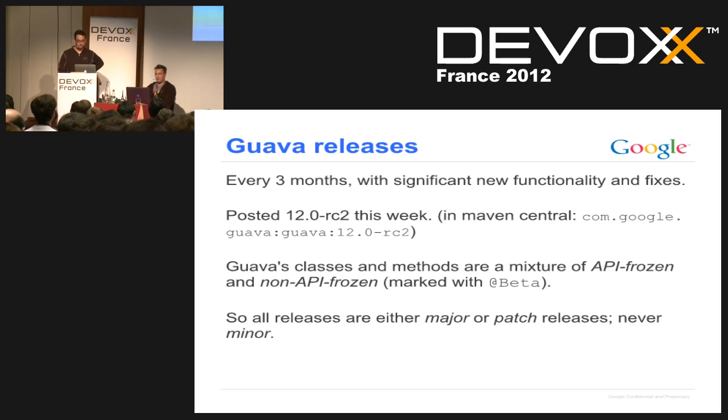But because of this, in every release that we make, every 3 months, we always have to keep bumping the major version number. That's why we're already at 12.0, even though we've only been doing this for about 3 years. Any of those beta APIs might have changed incompatibly, so it constitutes a new major version. Occasionally we also need patch releases, so our last version was 11.0.2.